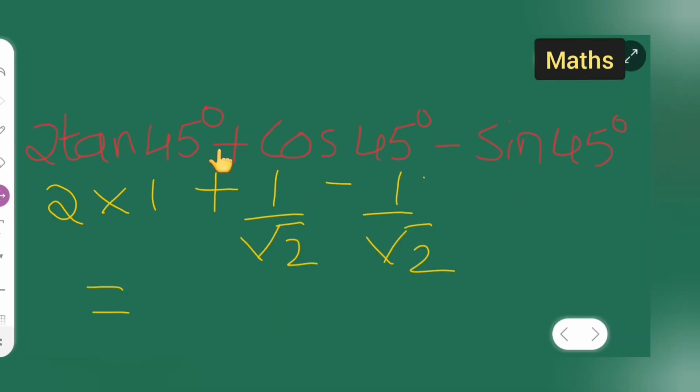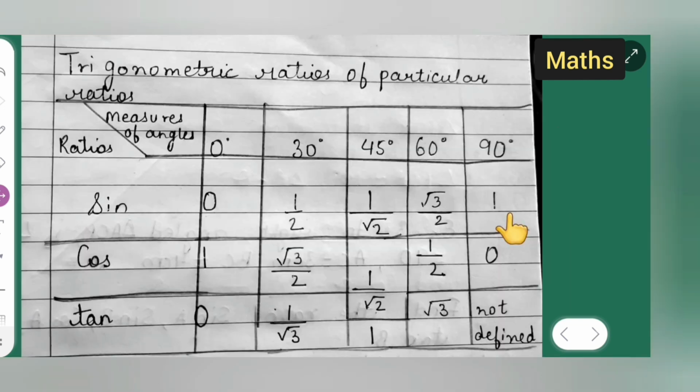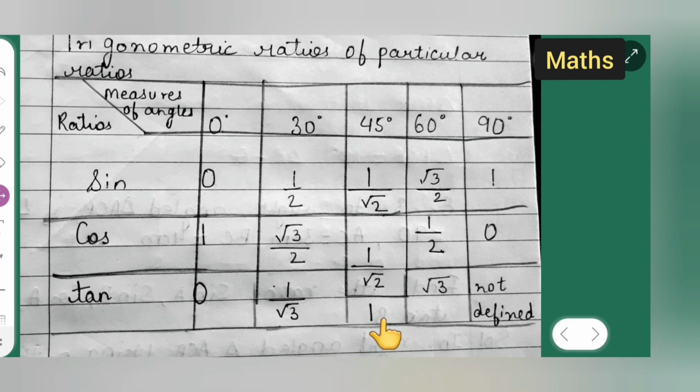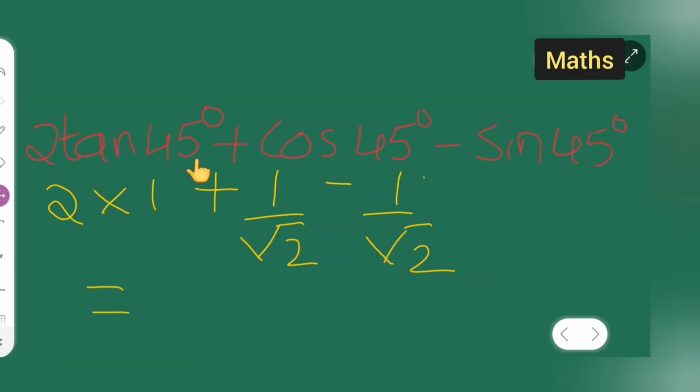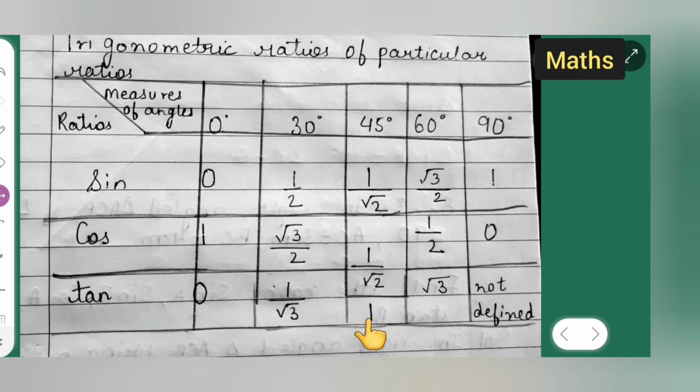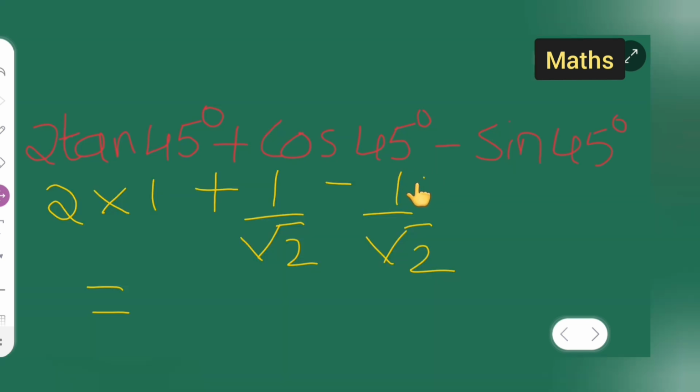Now tan of 45 degree is how much? Tan of 45 degree is nothing but 1, okay? Next, plug the value 1 over here, plus cos of 45 degree. Now cos of 45 degree is nothing but 1 upon root 2. So plug that value 1 upon root 2.